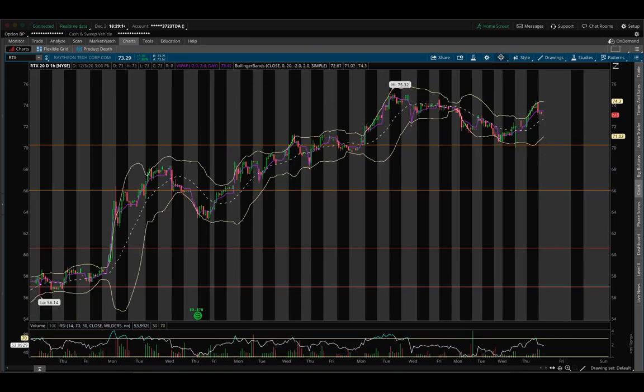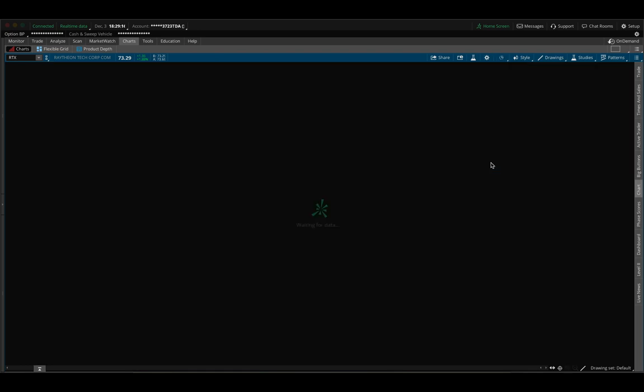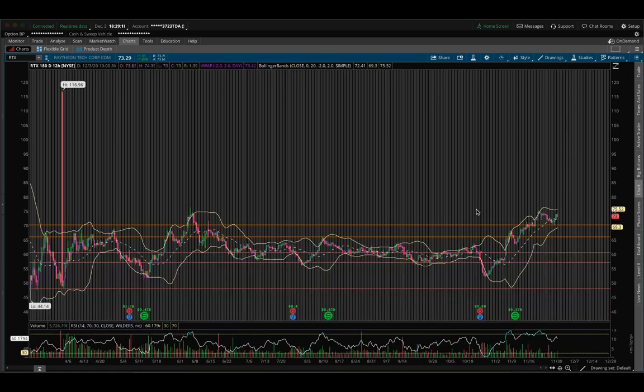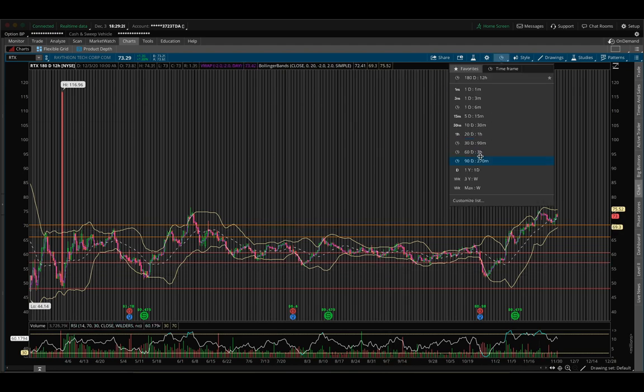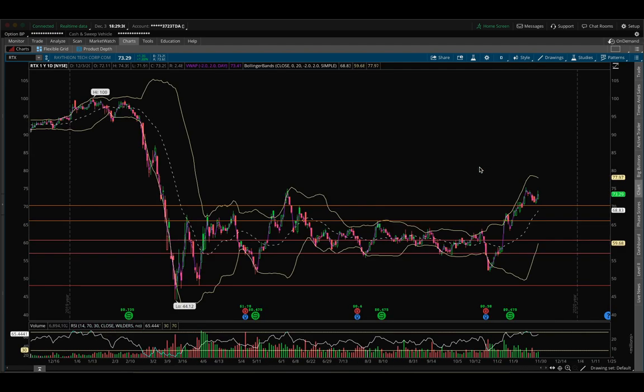Okay, so 20 days, really close, and then I'll pull it back to the 180-day. See this here, it was trading in this small channel for such a long time that it doesn't give you the most clear picture. That's why for a situation like this, I would just use the daily. It usually gives you the clearest picture.